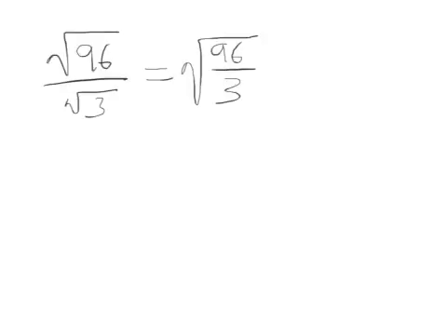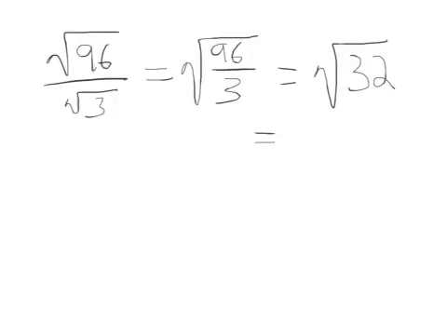So I'm going to get square root of 96 over 3. The reason I want to do that is because 96 divided by 3 we know to be 32. So I'm going to get square root of 32 now, which has no radical in the denominator. This is much more beneficial for us. And then from here we can simplify the rest of the way.